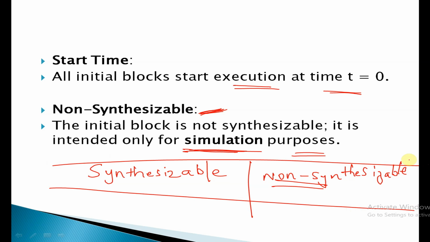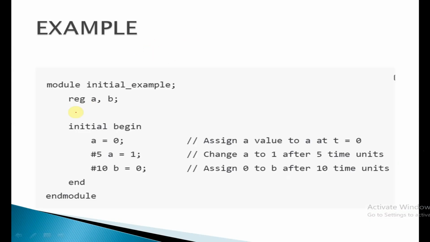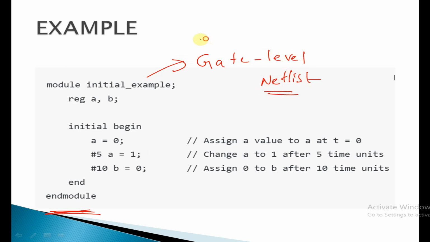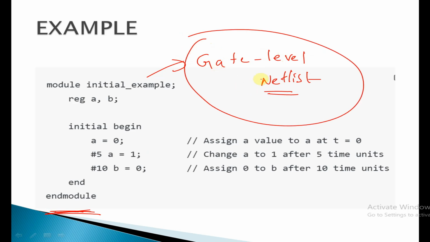Like in our previous sessions, what are all the things you have encountered as non-synthesizable constructs? Can you remember? Basically, the code which you are writing, let's say this is your code. This code will be converted into your gate level netlist. This means all the physical connections will be present in this particular file, like what are the types of gates, everything.